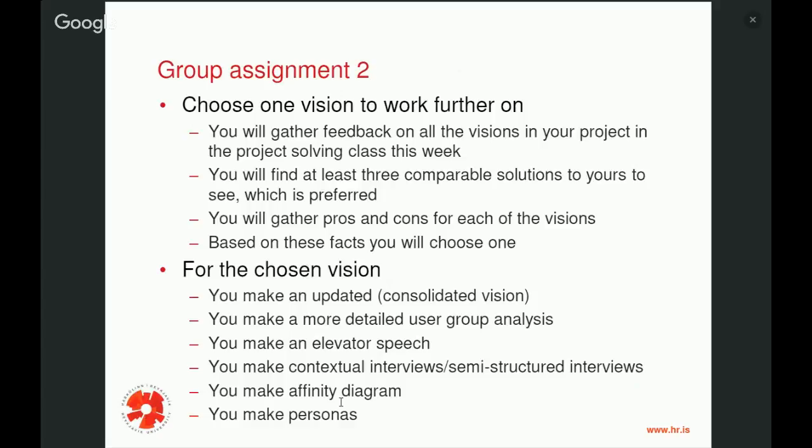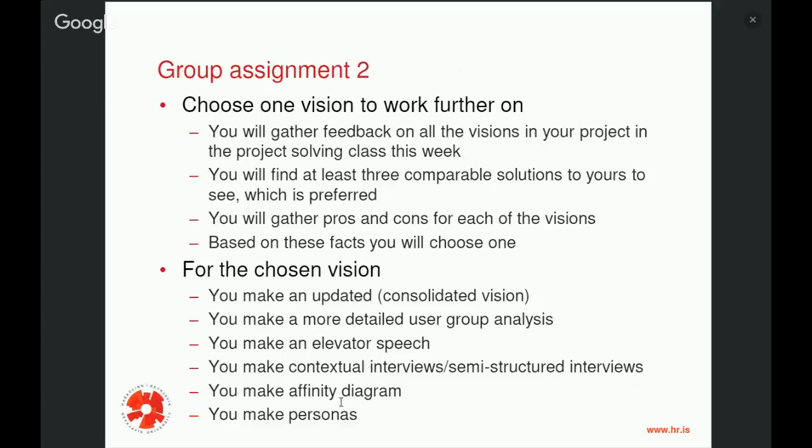I would like you also to find some similar solutions out there to check if maybe this product is already there, or if something similar is on the market. And this could also give you insights into if your vision is actually special, or if it's very similar to other things.